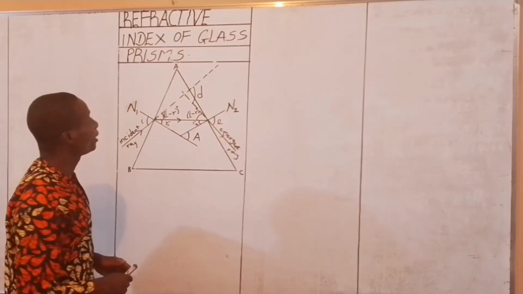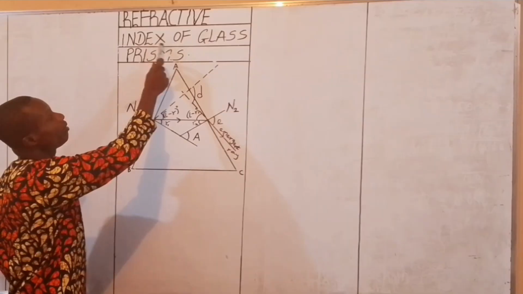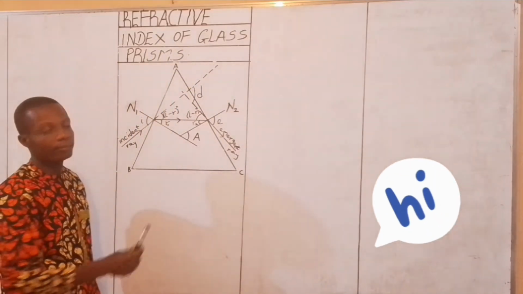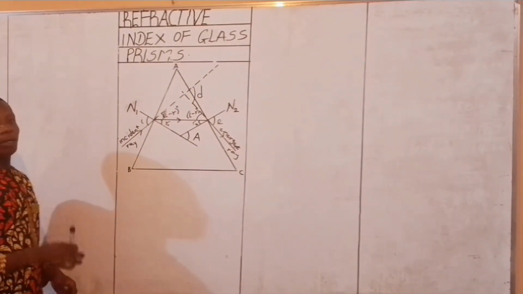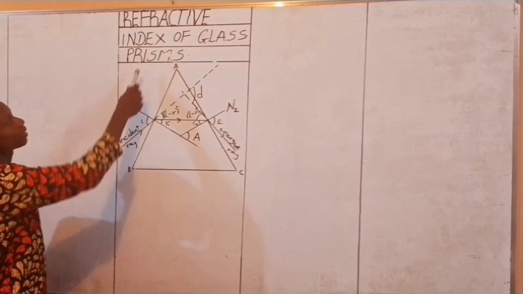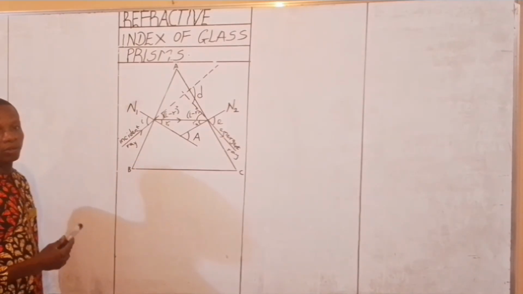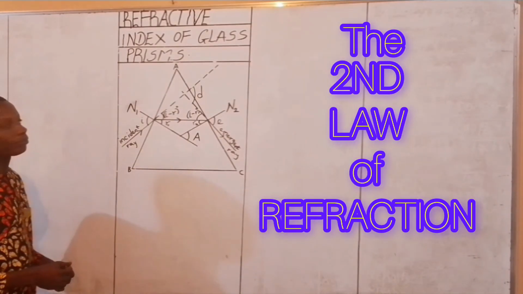We are going to be looking at the refractive index of glass prism. One very important principle or law in refraction is Snell's law, which is also known as the second law of refraction.